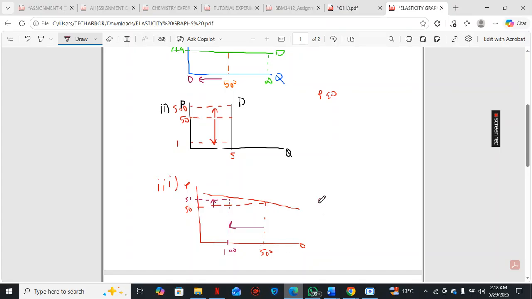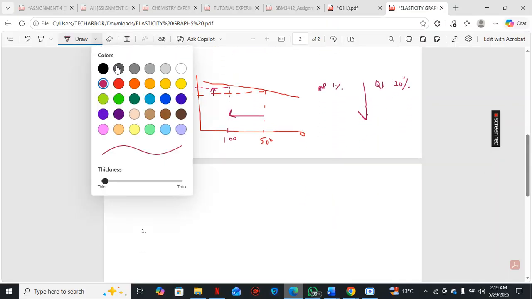A small price increment, let's say you increase price just by 1%, you find quantity demanded drops by 20%. This is an illustration of relatively elastic demand. Okay, quantity demanded, how much people buy, is sensitive to changes in price. So remember, goods that are not necessities or goods that are substitutes, demand is relatively elastic.